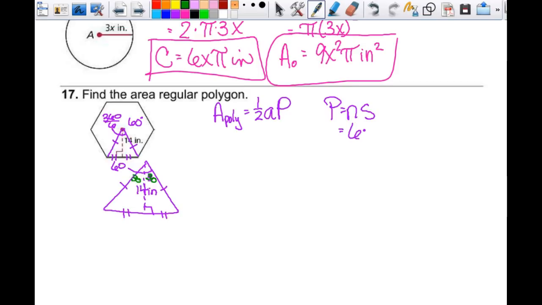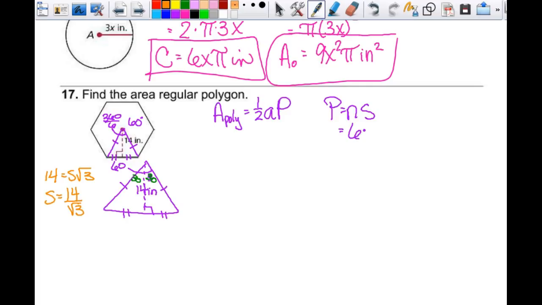So I have little 30-60-90 triangles, which means that this is s, 2s, and s square root of 3. So since 14 equals s square root of 3, I have to divide by the square root of 3 to get my side length.